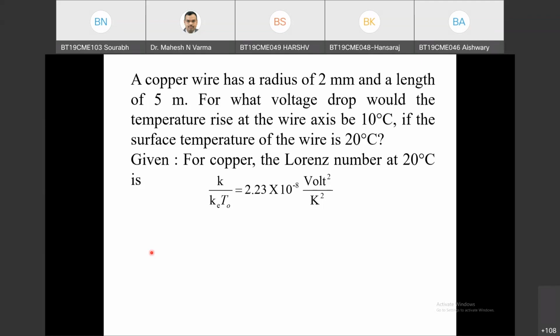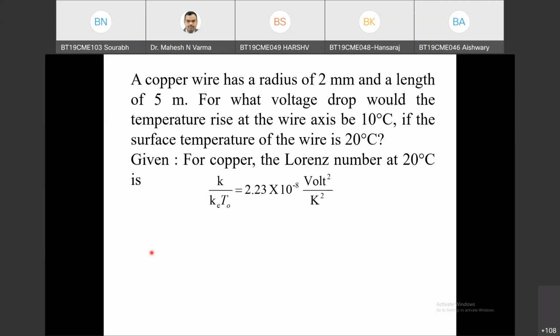Yes Harshvardhan, tell me, what is the axial temperature? Sir, I'm solving, sir. What is the temperature at the axis? That we'll find using the temperature profile.